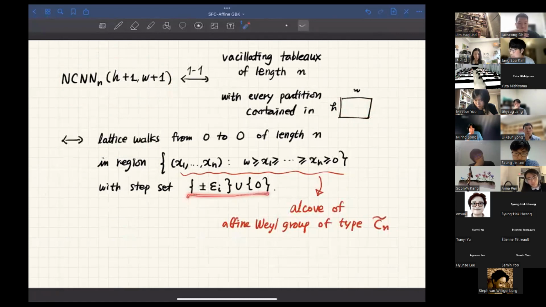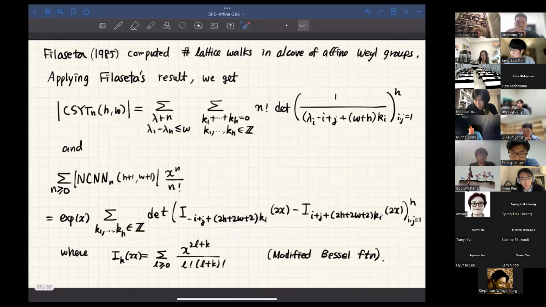And like I said, the number of them is just the number of lattice walks in this region with some steps. And it turns out that, again, this is an alcove of an affine Weyl group, but with a different type, C. So both sides are just lattice walks in an alcove. And there are known results by Filaseta.